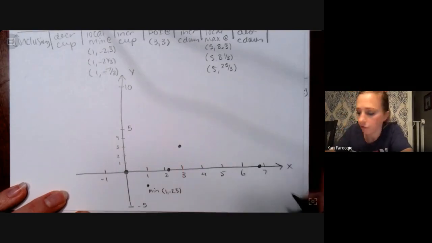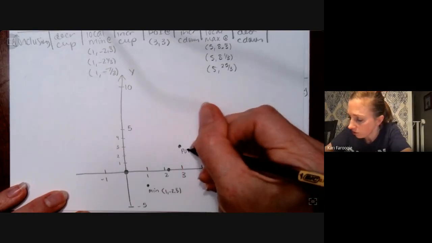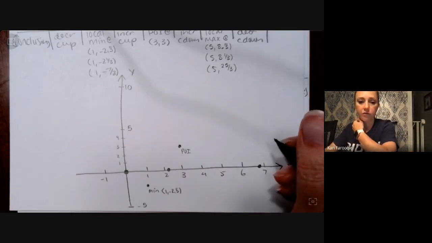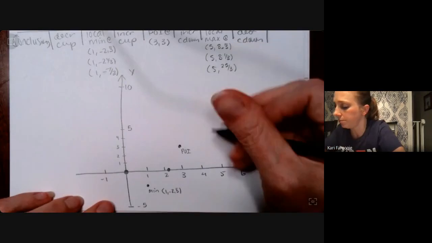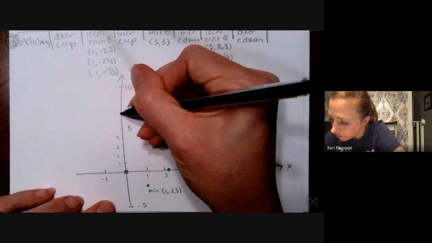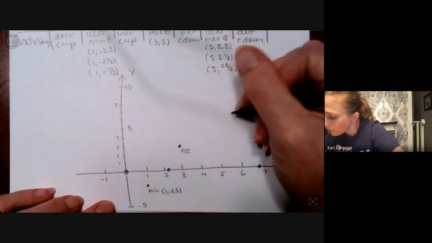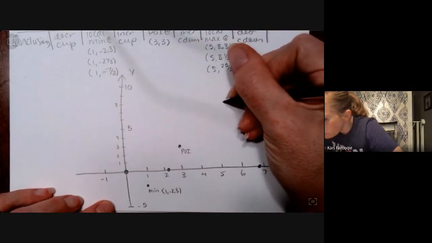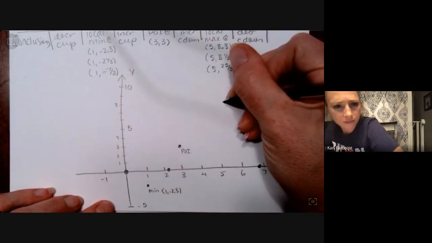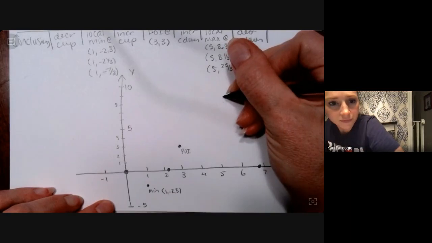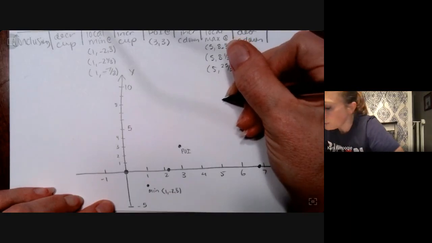And then you have this point of inflection here at 3, 3. Your local max is at 5 and about 8.3. So 6, 7, 8, 9. So 5 and about 8.3, maybe. Oh, it looks so different on the screen than it does when I'm staring at it.